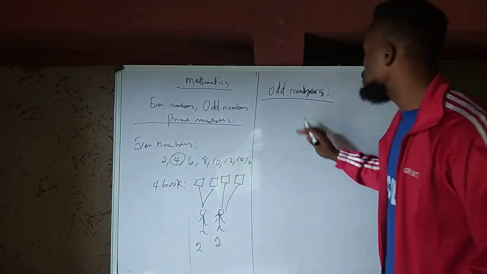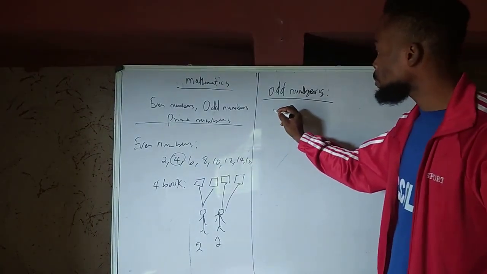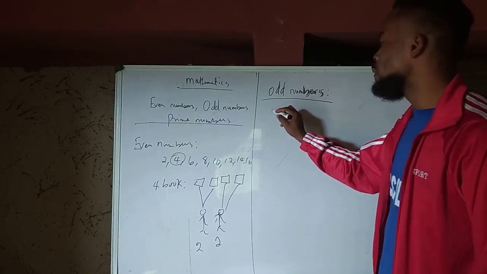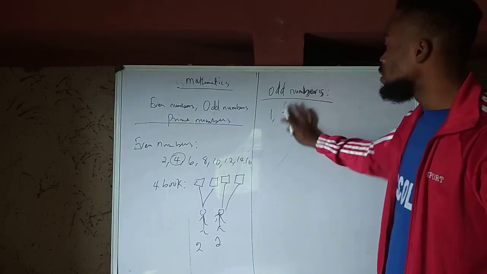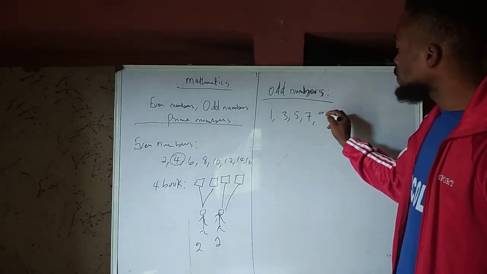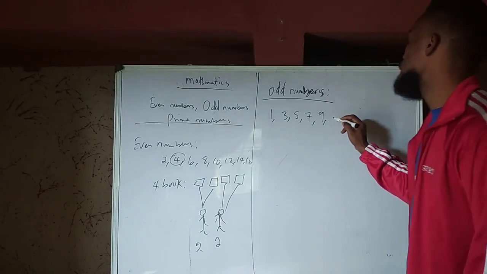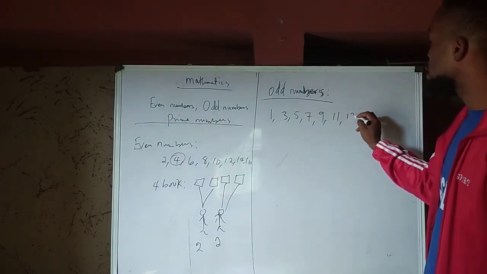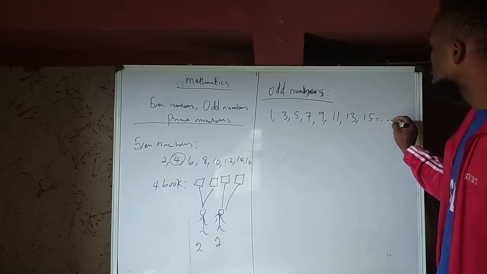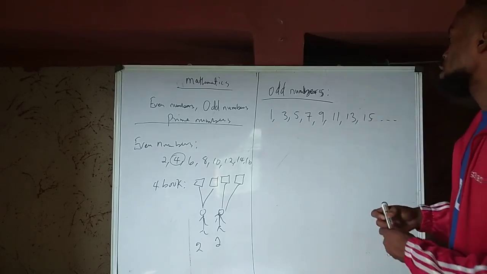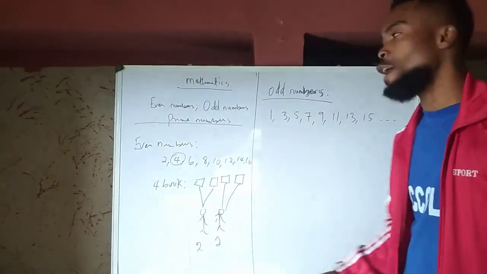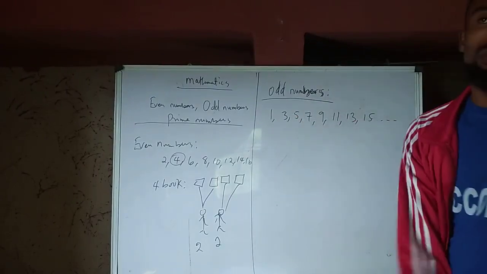Examples of such numbers are 1, 3, 5, 7, 9, 11, 13, 15, and it goes on and on. Each of these numbers, when you divide them by 2, you're going to have a remainder. So that's what we call odd numbers.